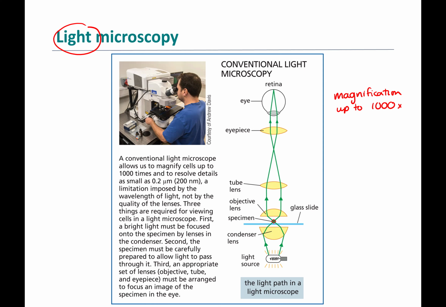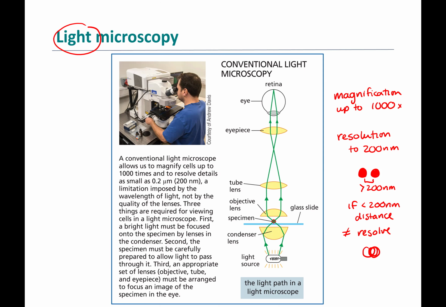If two bacterial cells are closer than 200 nanometers, you cannot resolve them. So it would look more like this. You couldn't see that they are two distinct spots.